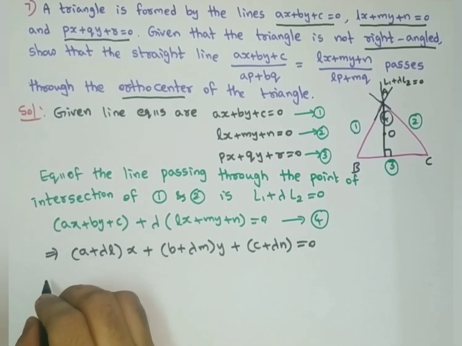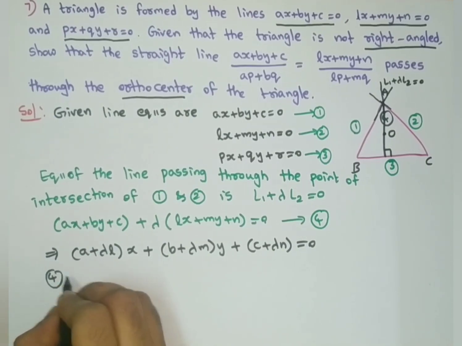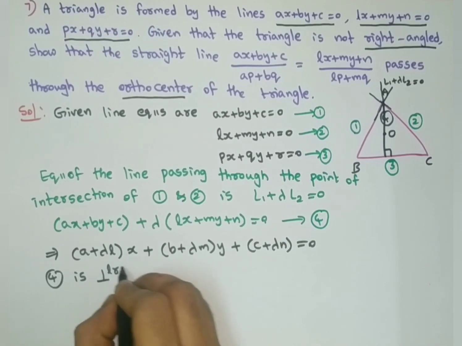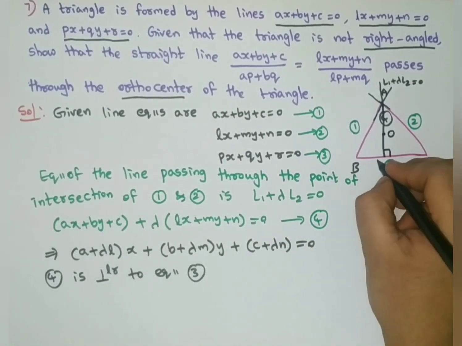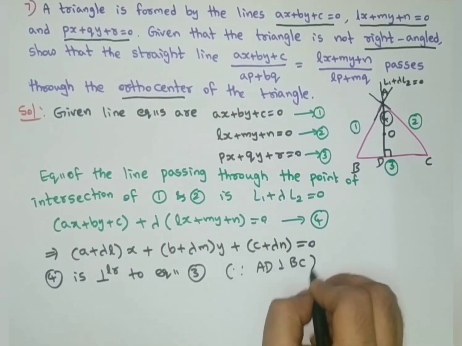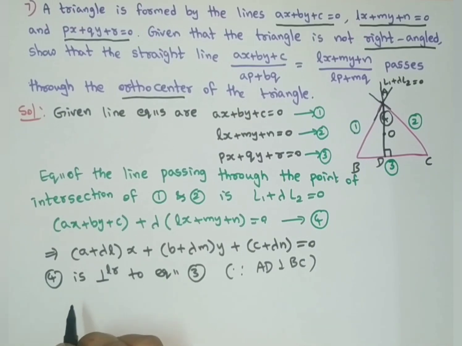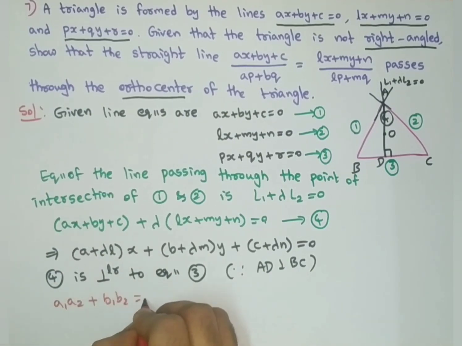So that means equation 4 is perpendicular to equation 3. Okay, that means AD is perpendicular to BC. So that means if any two line equations are perpendicular to each other, then what is the condition? A1 A2 plus B1 B2 is equal to 0.